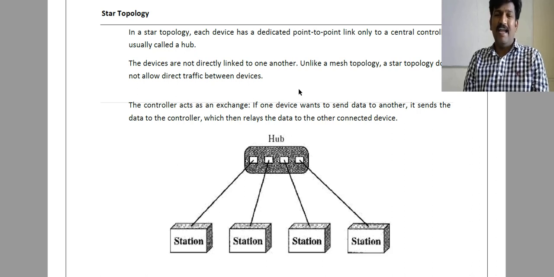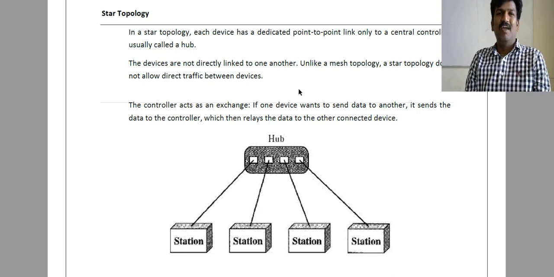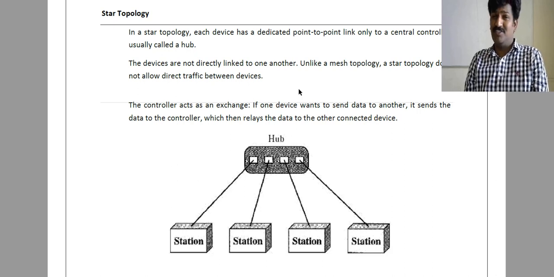And the devices which take part in this star topology, the computers, are not allowed to talk to each other without involving the central hub. It means that if computer 1 wants to communicate with computer 2, though they are very adjacent to each other, they are not allowed to talk because there is no channel, no cable available between these two computers.